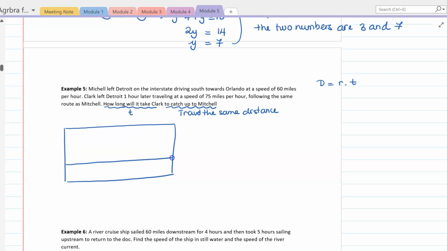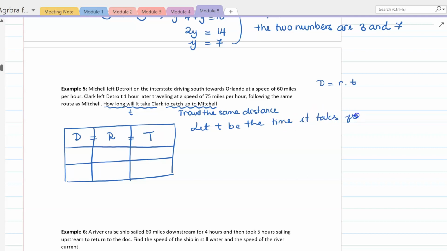We organize our information into the table. So let t be the time it takes for Clark to catch up.